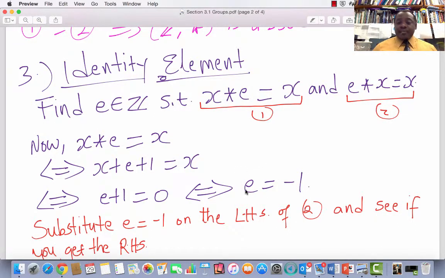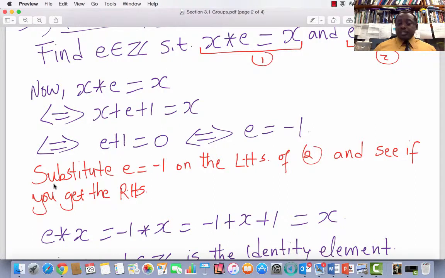To confirm that indeed E equals negative 1 is the identity, we have to check that if E in equation 2 is substituted by negative 1, I would get negative 1 star x equals x. If that happens, then the negative 1 that we got would be confirmed as the identity.